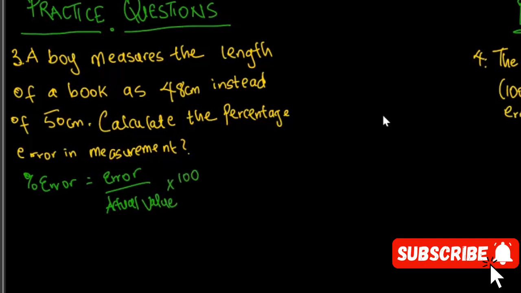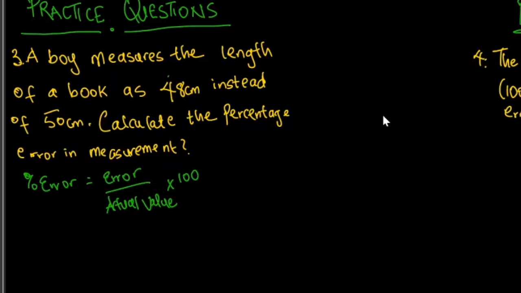So in this case, the boy measures the length to be 48 centimeters. So this is the measured value, and instead of 50 centimeters, so 50 centimeters is the true or the actual value.